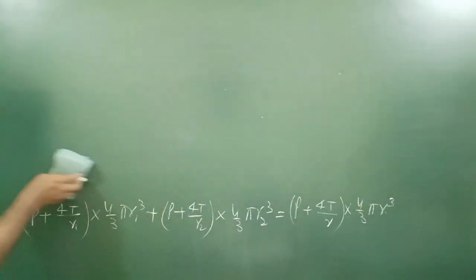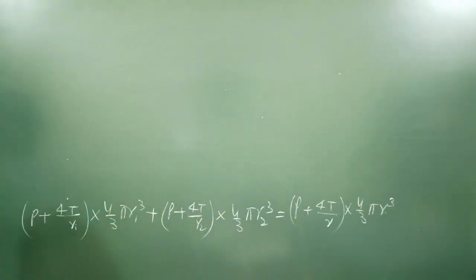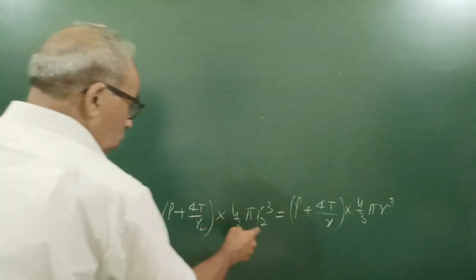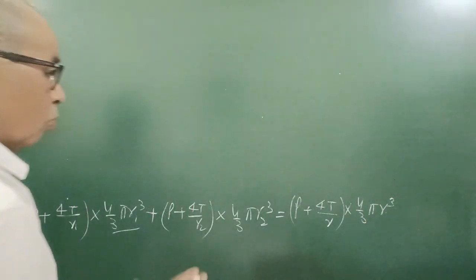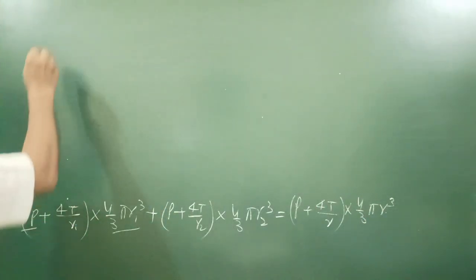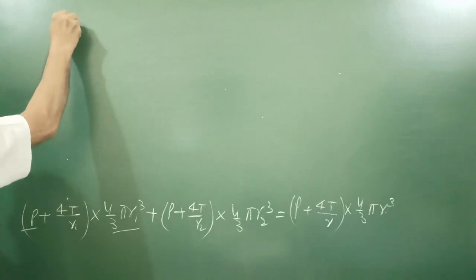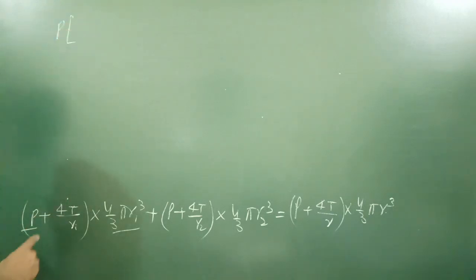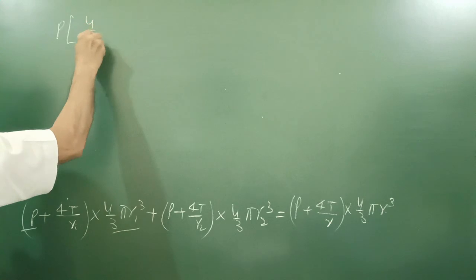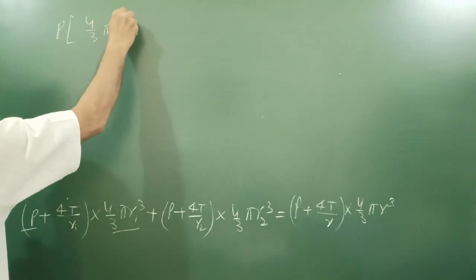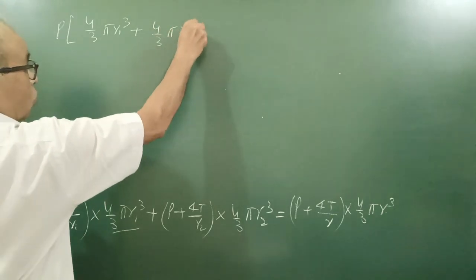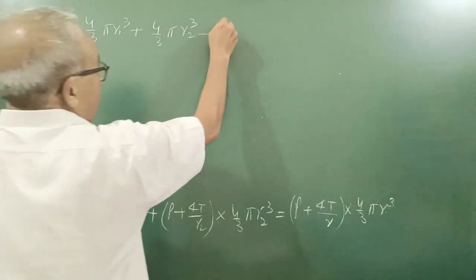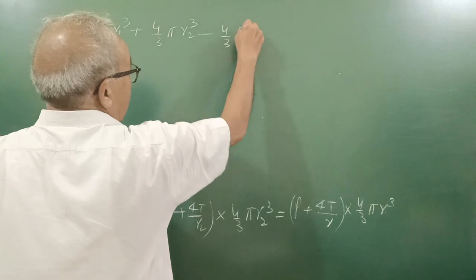Now when we open the brackets, we get P into this plus P into this plus P into this. So P is common, and I can write it as P bracket 4 upon 3 pi R1 cube plus 4 upon 3 pi R2 cube minus 4 by 3 pi R cube.